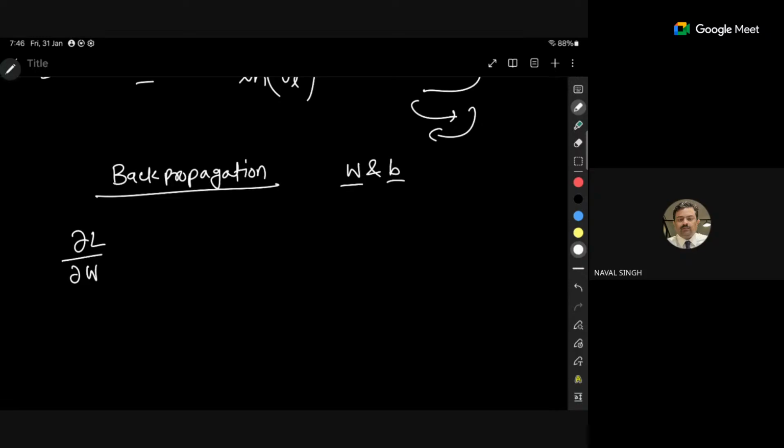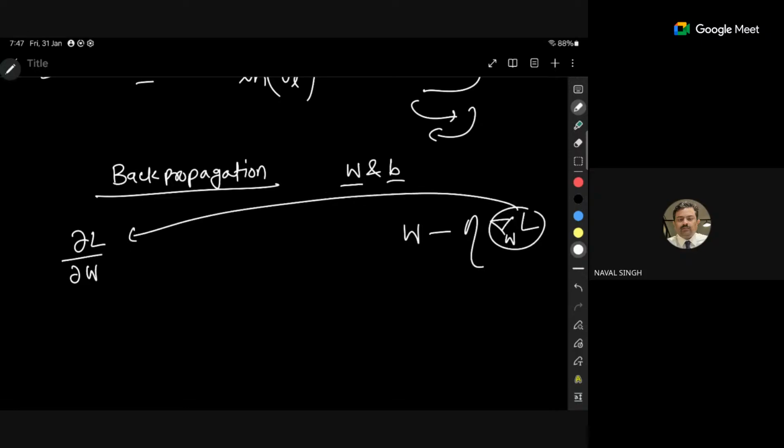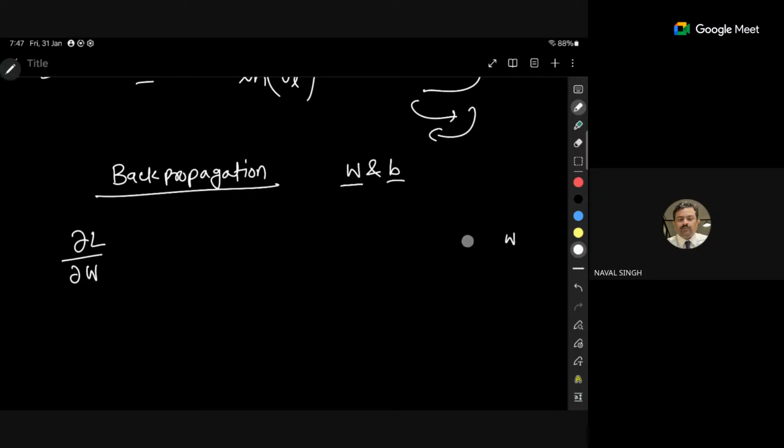So I have to use something like the current weight minus some learning rate times the gradient of loss with respect to weights, right? And this gradient of loss I'll get from here. Okay. So if I do this, then I can say how much change I'm doing. Okay, so these things we have to do.